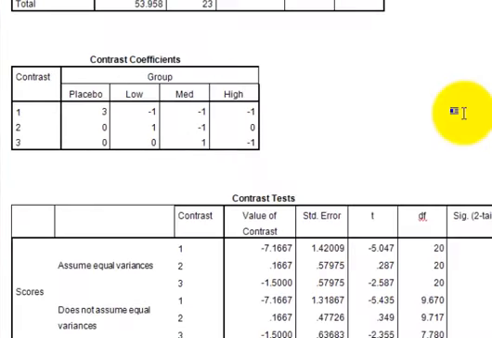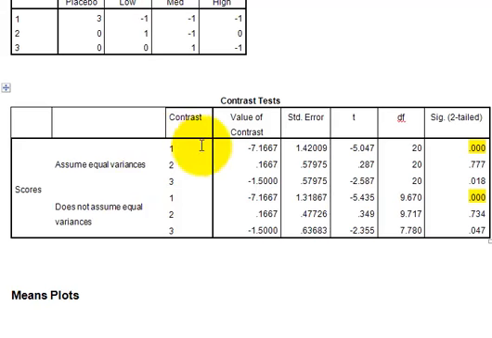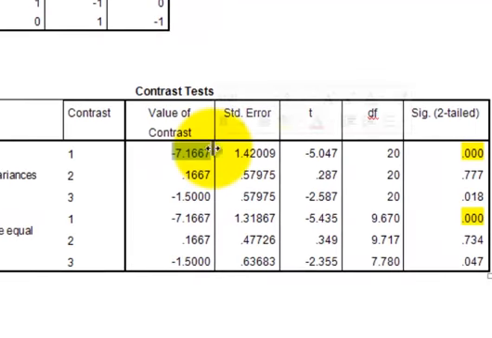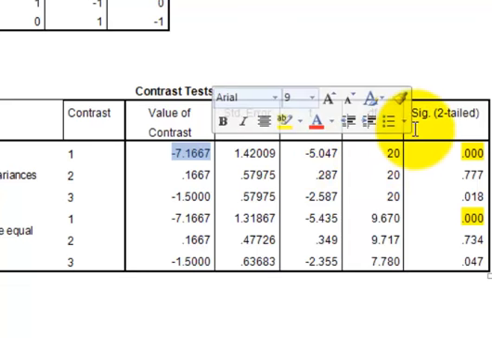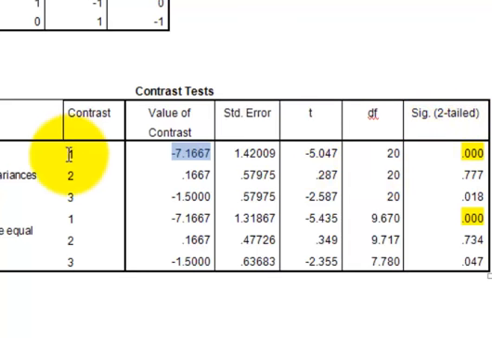Let's see what kind of contrast we got here. Contrast one. Again, that number is bigger than the one we have, and it's probably due to a data entry error. But we got the same results, right? It is a significant difference between the placebo group and everybody getting any form of the drug.